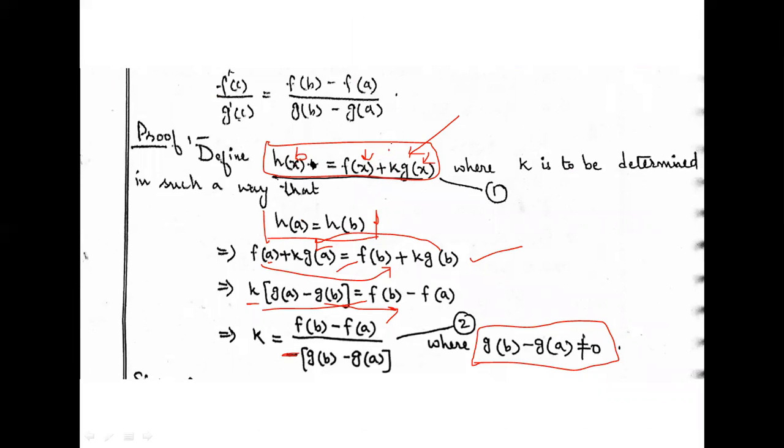What will be the differentiation of this equation? h dash of x is equal to, this is f of x, the differentiation of f of x will be f dash of x, plus k is a constant and it is in multiplication, so it will remain same. What will be the differentiation of g of x? Right, it will be g dash of x.